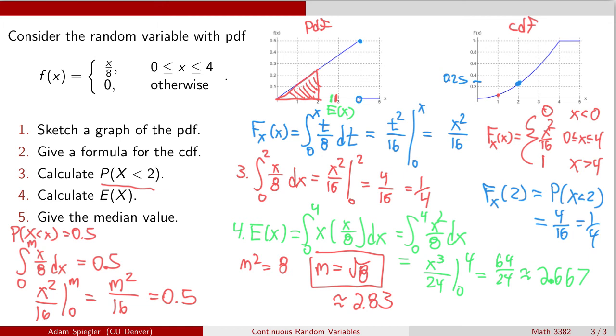And this is telling us that right here, all of this area is approximately 0.5, and that means the rest of the area is the other half over there. So this value that we found, the 2.83, perfectly divides the area in half.